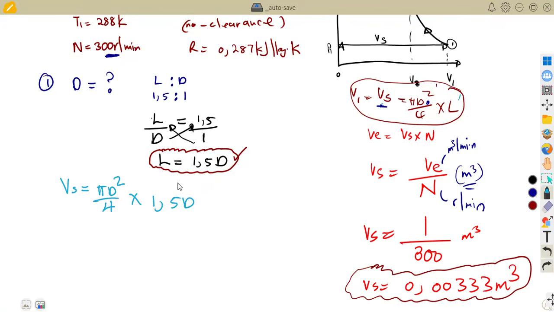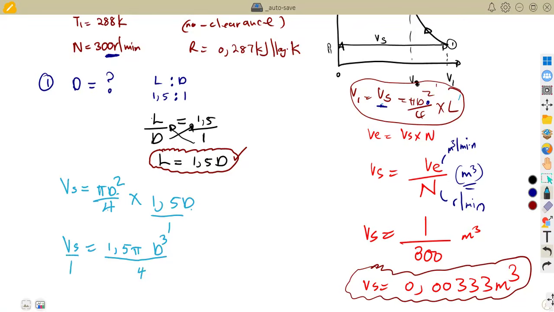All right. It's up to you on making this the subject, guys. So what I can do is to just multiply this. VS is equal to, remember, this is the same as over 1. So I'm just going to combine the numerators together. 1,5 times pi, then D squared and D, that will be D to the exponent of 3, over 4 times 1, which is 4.